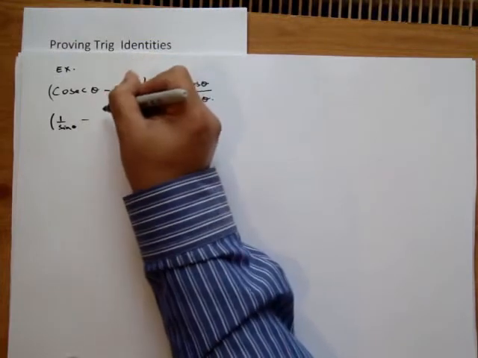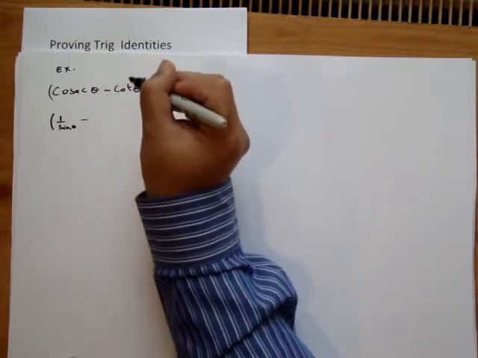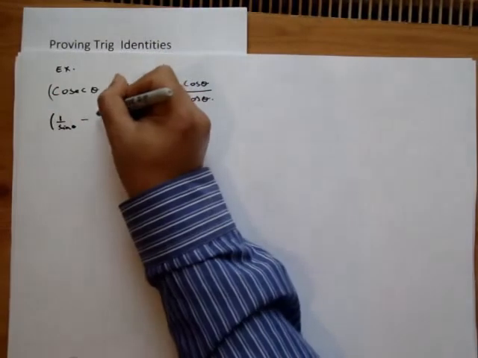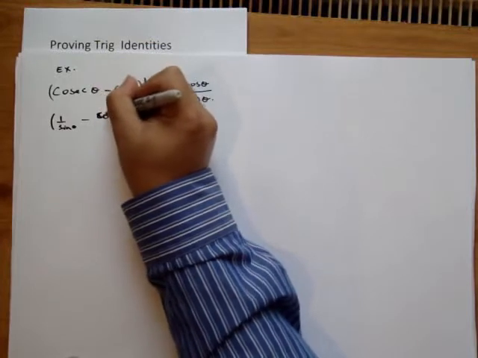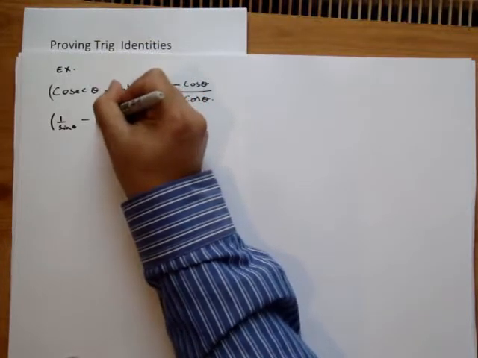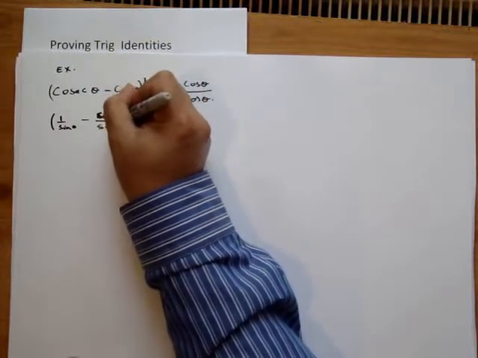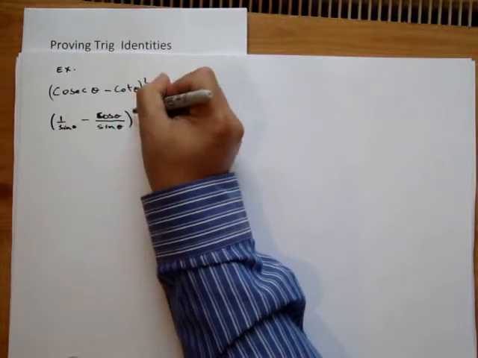Tangent is sine over cosine, cotangent is cosine over sine, so that's cos theta over sine theta, squared.